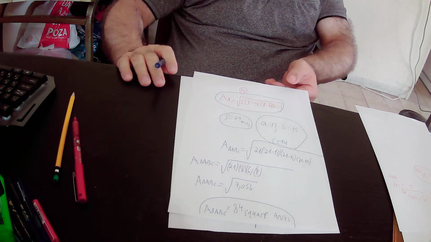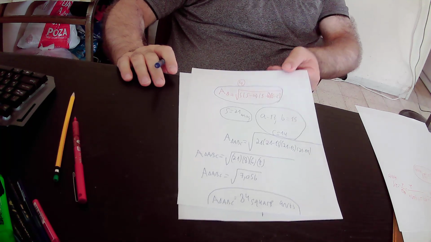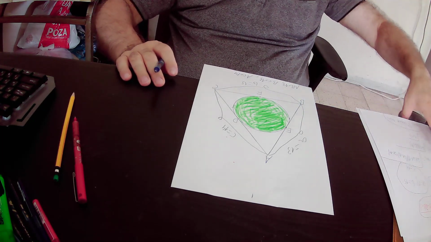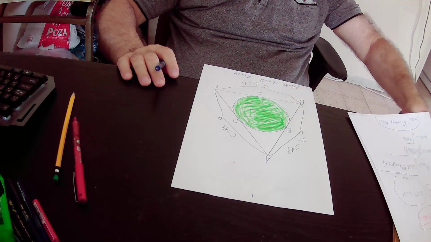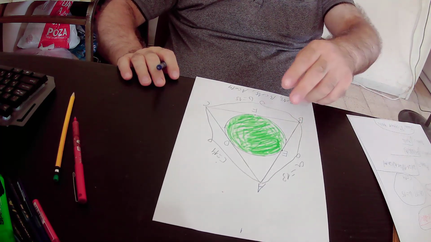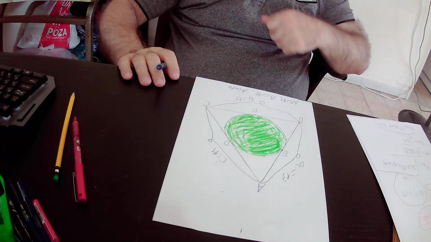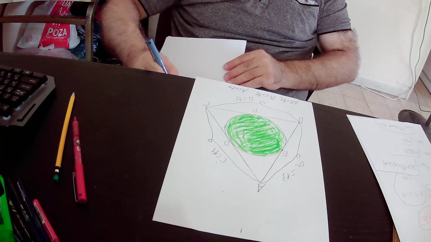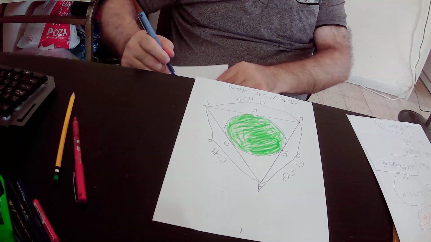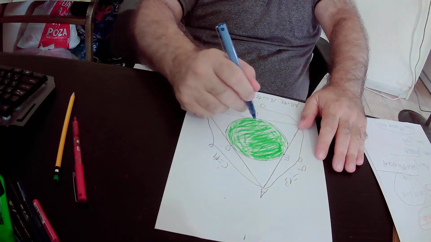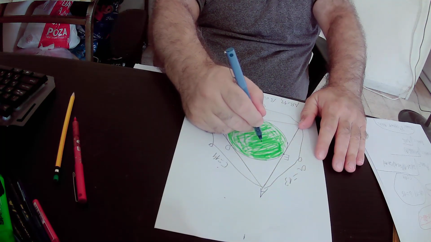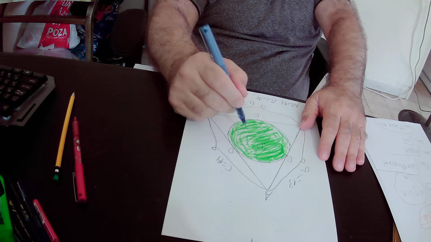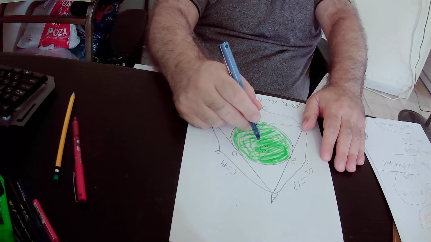Okay, so after we found the area of triangle ABC, we will find the radius and the area of the green circle. So we will define the center of the green circle as point O. Again, point O is the center of the green circle.